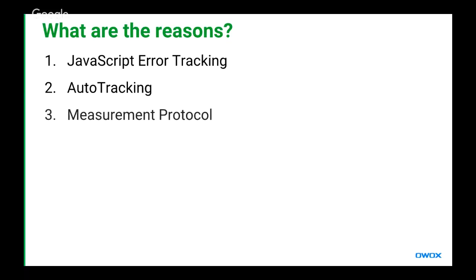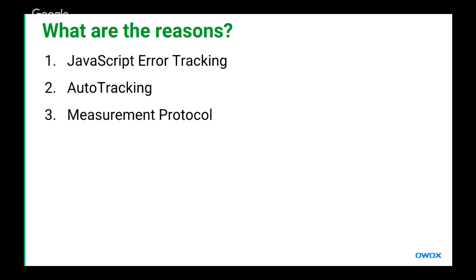Another reason is the measurement protocol, the hits that are sent from a third-party system into Google Analytics via the measurement protocol. How does it look? Usually it happens like this: you get a bill that is really high, and you did nothing on your website, but the number of hits increased and increased.